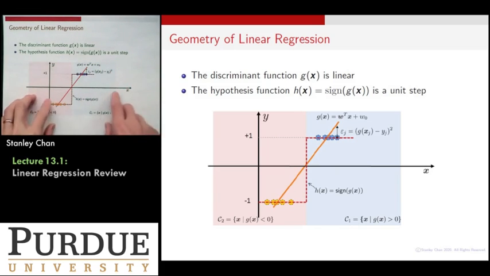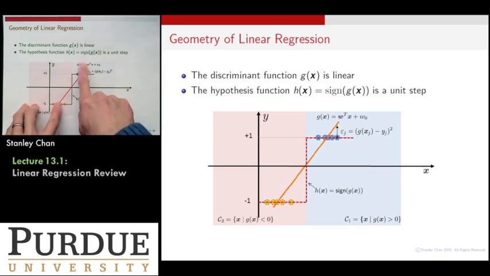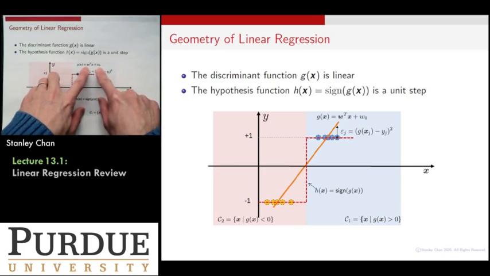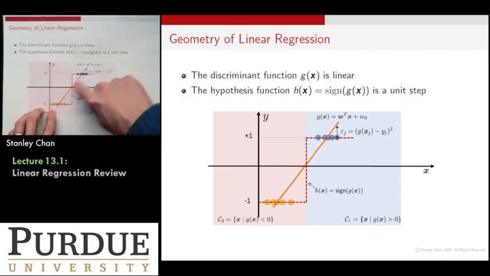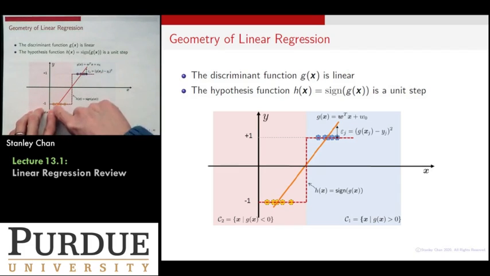Once we find the line, you set a threshold. What is the threshold? In this case, it will be the midpoint between +1 and -1. So that will give you this staircase function. The orange line is your discriminant function. It's a G function. G equals W transpose X plus W0. It is the legitimate discriminant function. It's a linear function. It's a straight line. It has a slope.